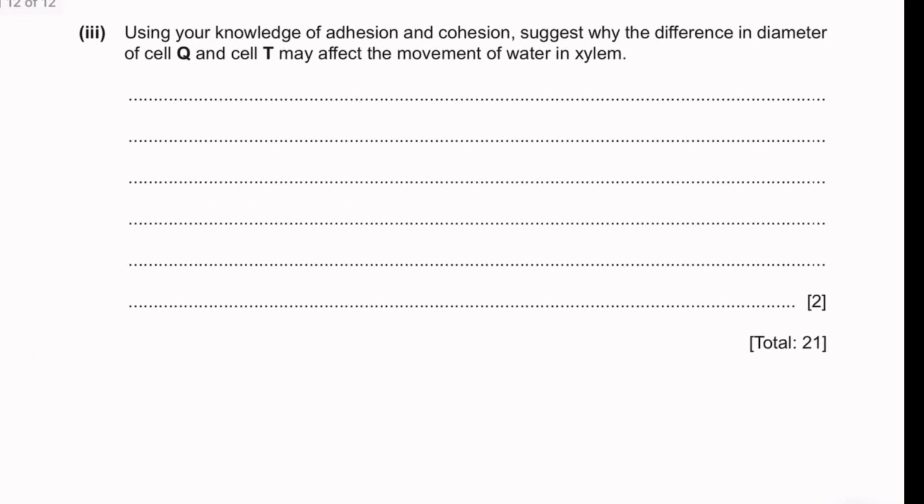Use your knowledge of adhesion and cohesion. Suggest why the difference in diameter of cells Q and T may affect the movement of water in the xylem. Now, cell Q is bigger than cell T. And obviously, when something is bigger, there will be maybe less adhesion to the walls, since the walls are farther away, and so now there's less adhesion, which means there's less capillarity, and so maybe there is more resistance in the narrower one, because it's narrower.